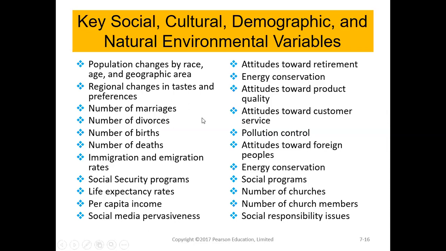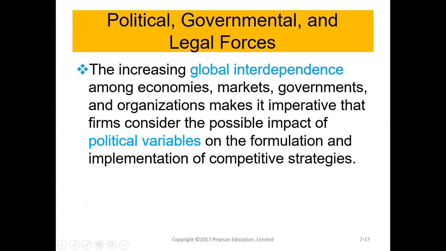So all these are considered different variables that I need to consider when I'm conducting my external audit. Again, do I look at all of these? Of course not. I will be choosing the most important variables that I believe will be affecting my own business. The third category is the political, governmental, and legal forces.